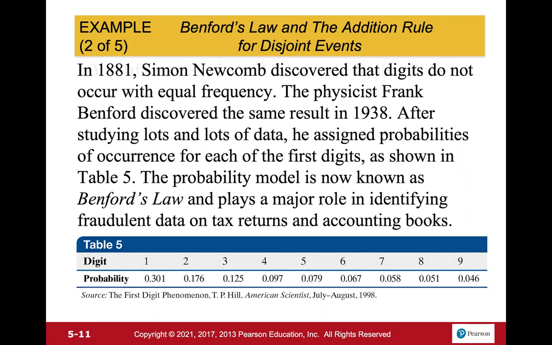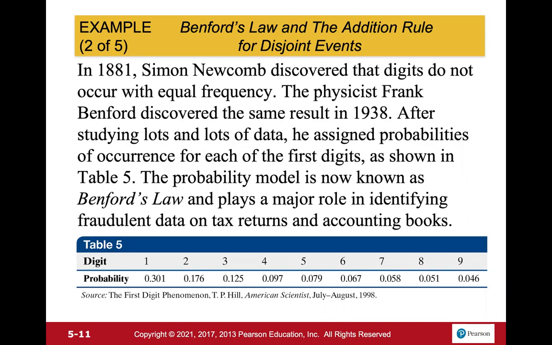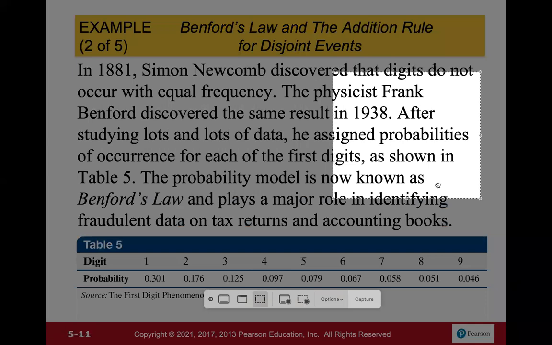From here, the question is: verify that Benford's law is a probability model. A probability model will consist of two different conditions. Let's take a snapshot of this really quick so we can take it to Excel.